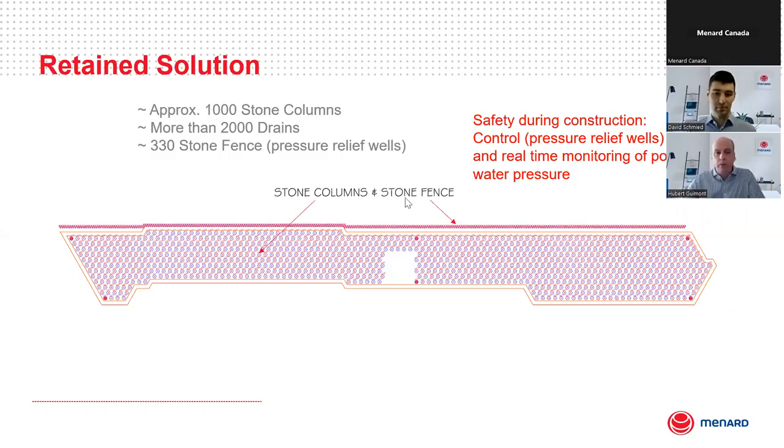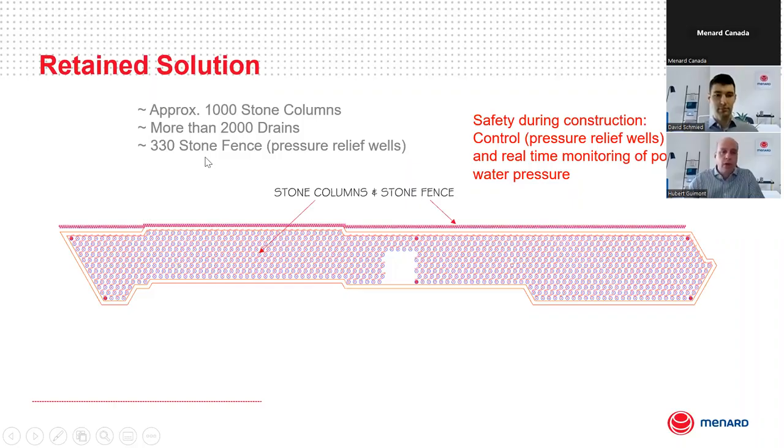So what we've designed is first a pressure relief well system, which is a very tightly installed stone column wall all along the toe of the tailing dam, in order to try to cut any excessive pore water pressure that could develop in the treatment zone. So we've installed a series of those wells, that interconnected stone column, before performing the work here.